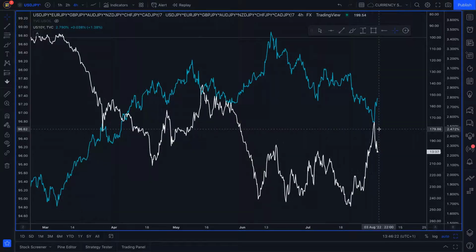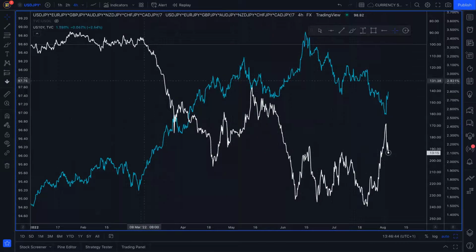So when we have upside in yields, that weakens the yen. That recent upside we've seen in yields has just been weakening the yen. When we see downside in yields, that strengthens the yen.